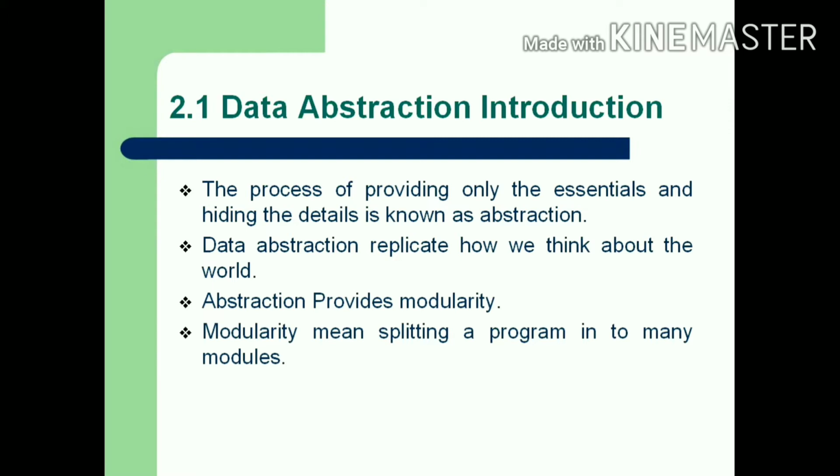Data abstraction also allows the programmer to consider each code as an object. It means each instruction, each function, each module is considered as an object in object oriented programming language. For example, in the real world, take a car.